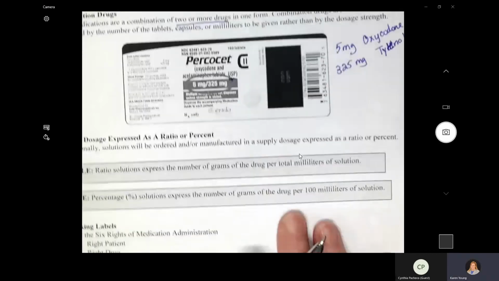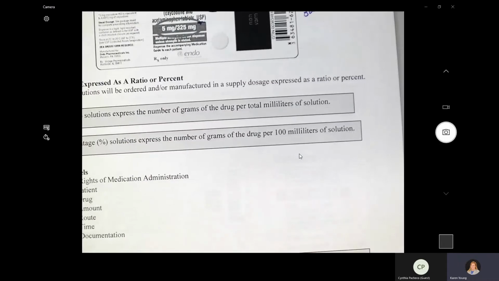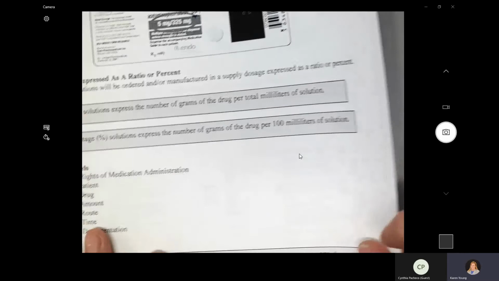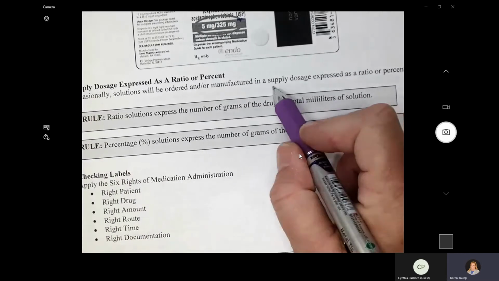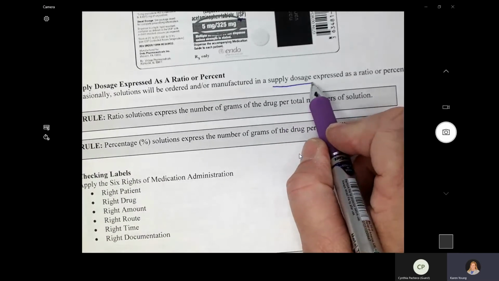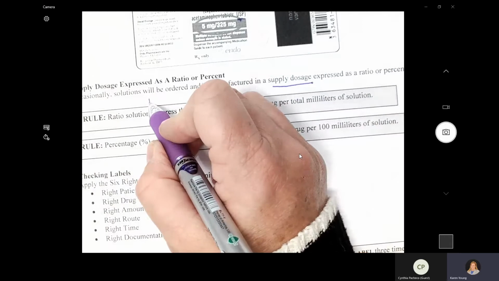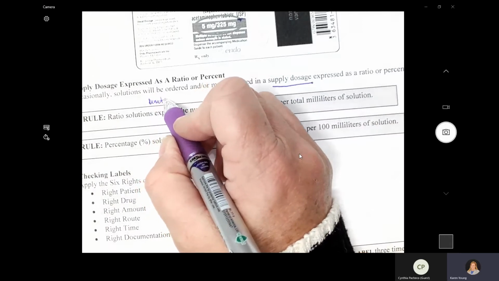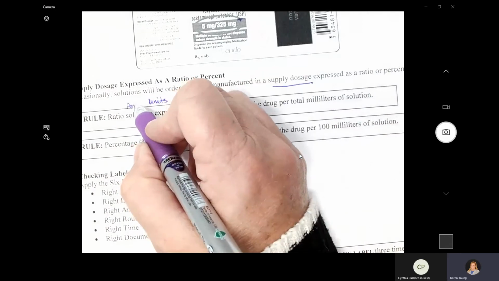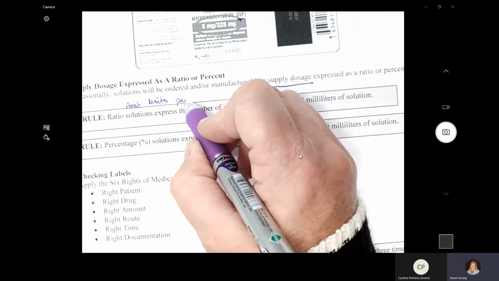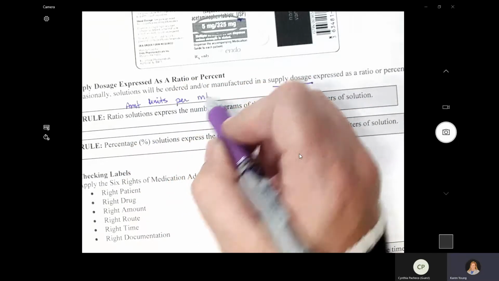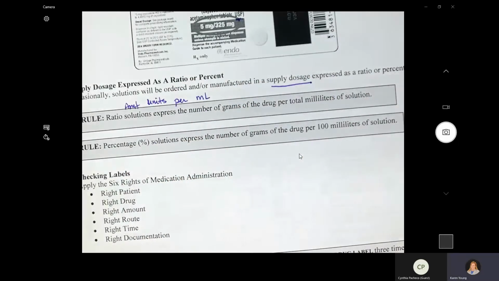And then again, your supply dosage is expressed as a ratio or as a percent. We're not going to get into the percents just yet because we'll see them later on. But our supply dosage, again, is the amount of units per measure, per something like milliliters, or tablets for the form.